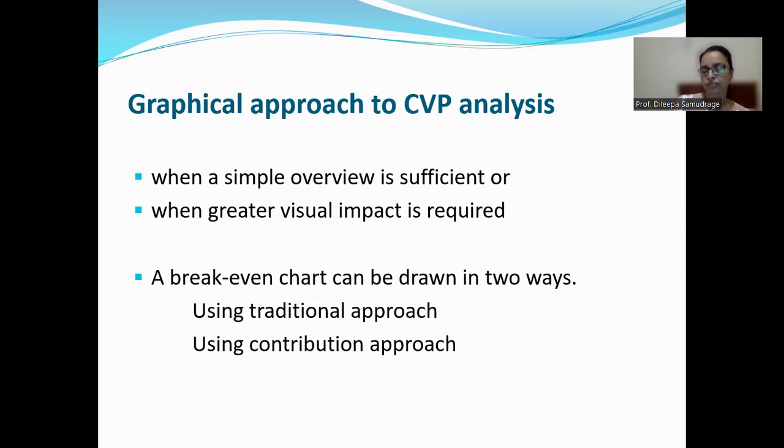So you present all this information using a graph to top management. There are different types of break-even charts: maybe traditional charts, contribution charts, profit charts. There are so many charts that you can use to present your situation.